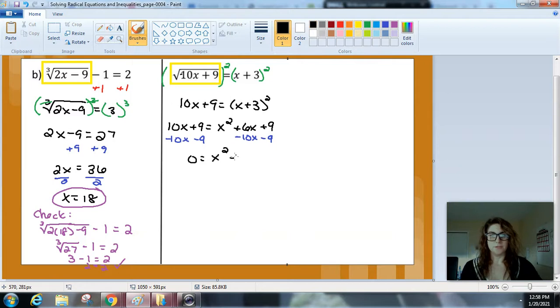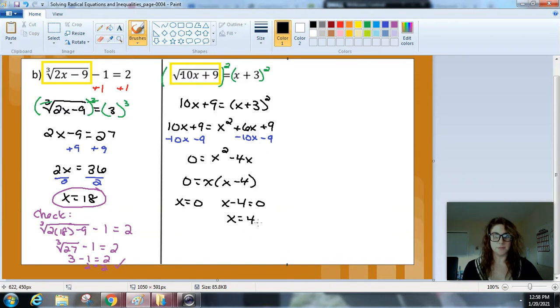I'm left with x squared minus 4x. Those 9's canceled. Now from here, it's easy to factor. I could factor out an x. I'm left with x minus 4. And then I could solve each of these. x equals 0. x minus 4 equals 0. Well, this one's done, and this one becomes x equals 4. So those are my two answers.